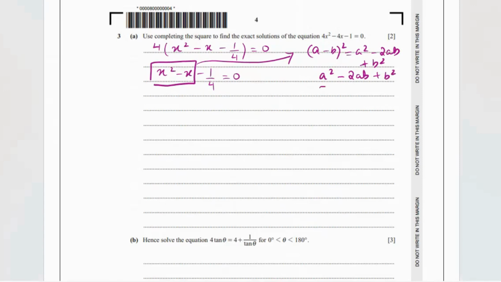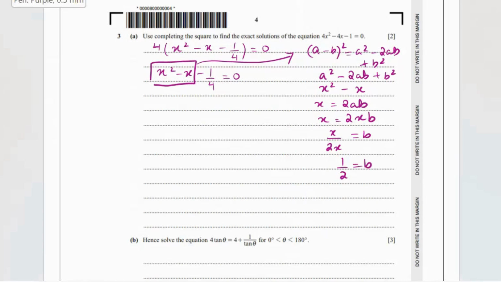We know x squared is a squared, negative 2ab is negative x, and plus b squared is what we're trying to find. To find our b value, we can put x equal to 2ab, where we know that a is x, so x equals 2xb. So b is going to be x divided by 2x, which is 1 over 2.